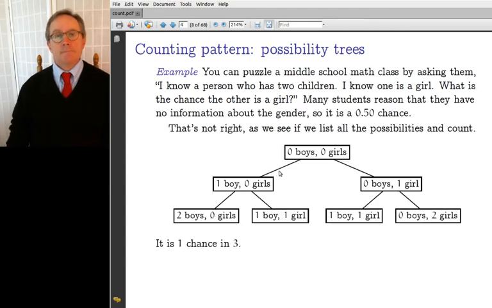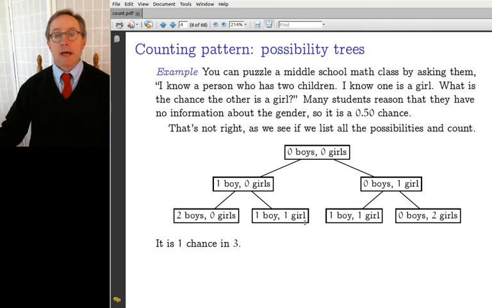But that's not right. Because if you list all the possibilities and count, these are the 4 possible families. You could have 2 boys, you could have had a boy and then a girl, you could have had a girl and then a boy, and you could have no boys and 2 girls. So when you count, if you know that at least one is a girl, what's the possibility the other one's a boy?